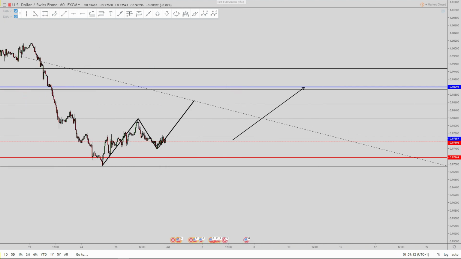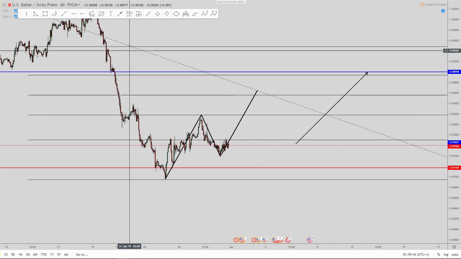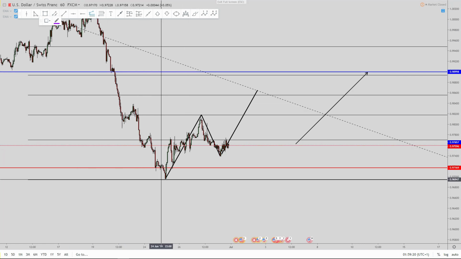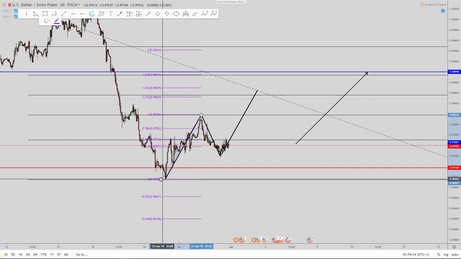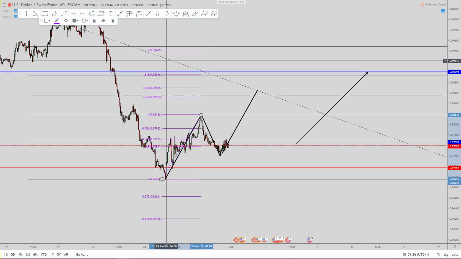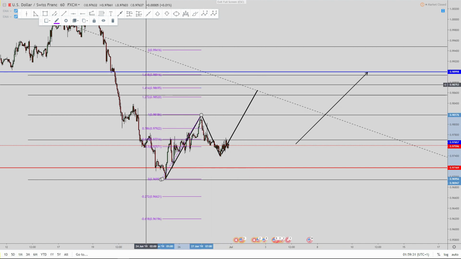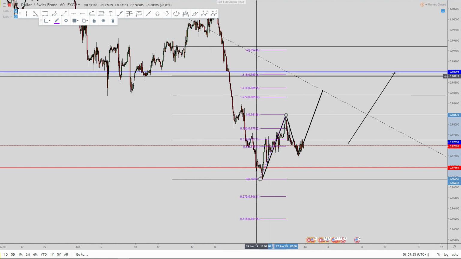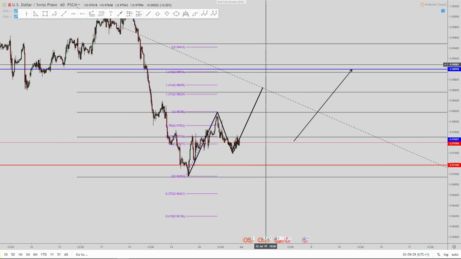You have this fib right here. If we take this swing low to swing high and back down again, on the completion of this equal measured move, you've got the 1414 and the 1618 up at the 618.